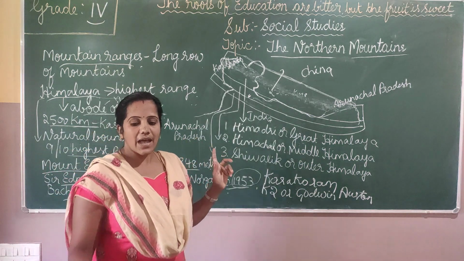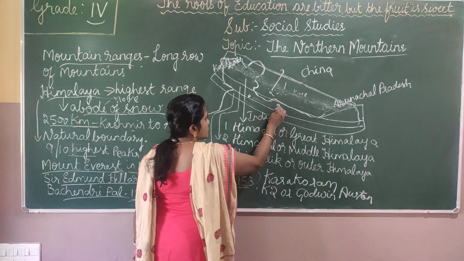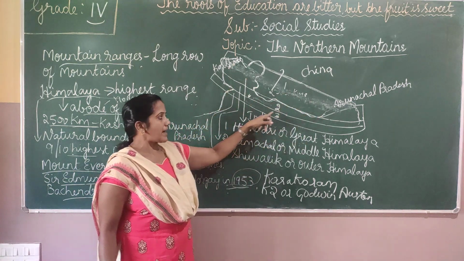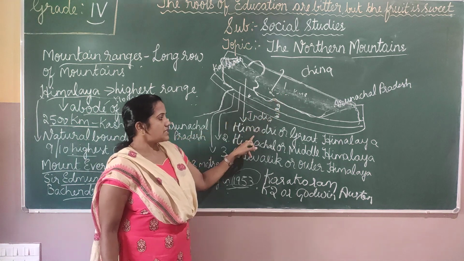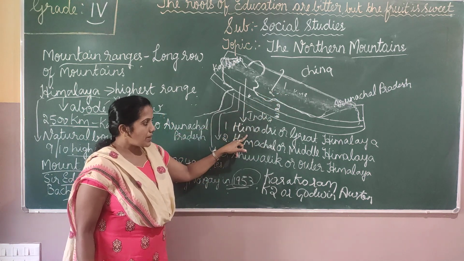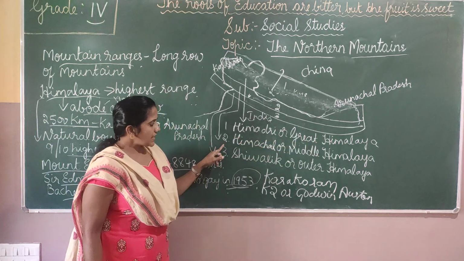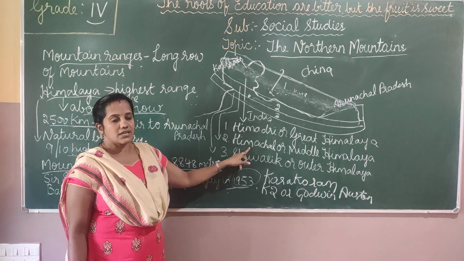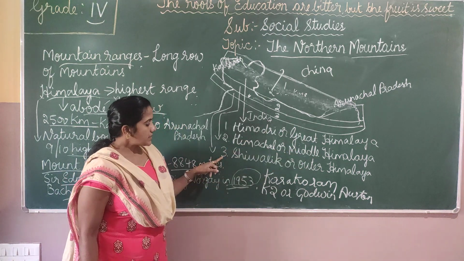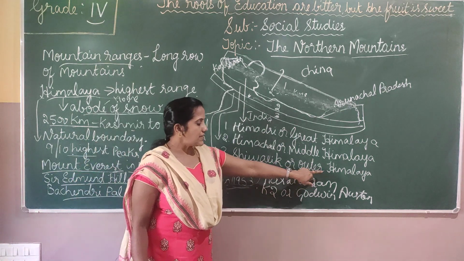So the Himalaya has three parallel ranges. The first parallel range is Himadri or Great Himalaya, the second one is Himachal or Middle Himalaya, and the third one is Shivalik or Outer Himalaya.